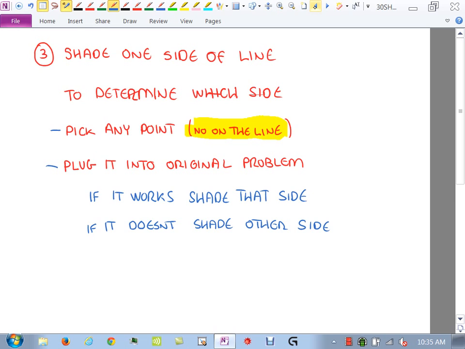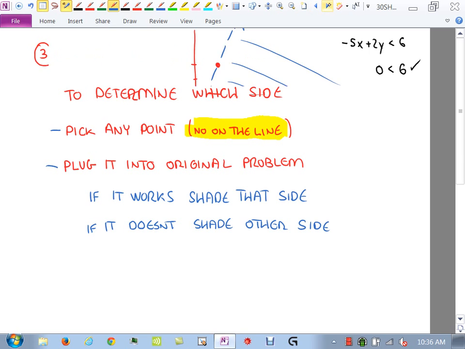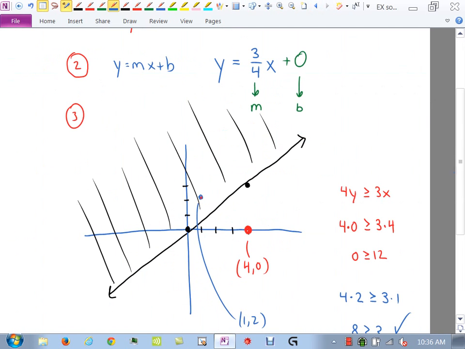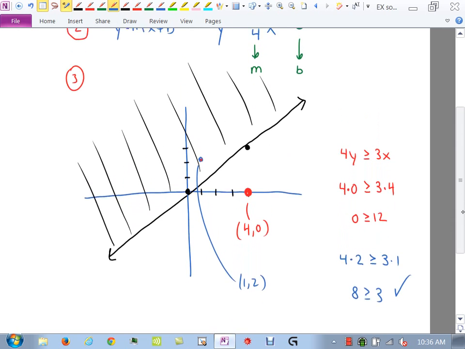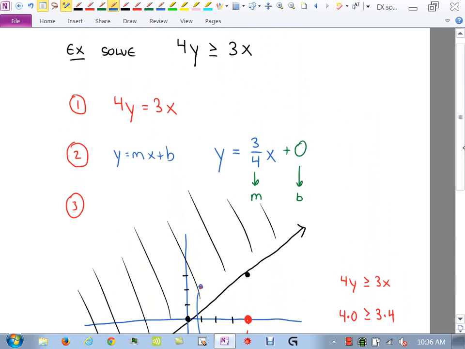That means the very beginning, not your step 1, but the original problem. Yeah, the only reason we use equal is so we can graph the line. After that, we're wondering what the inequality is telling us, which side of the line. Does that help?